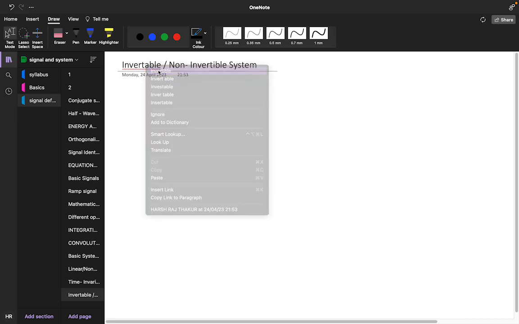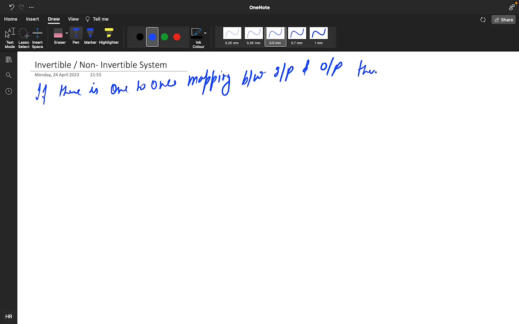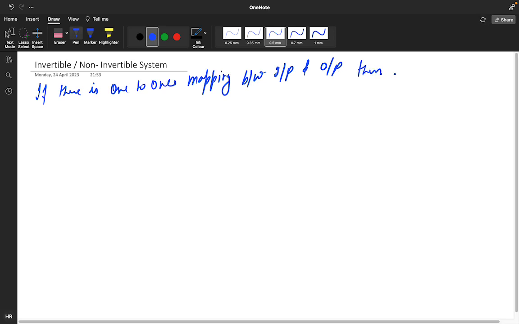Invertible. So see, if there is one to one mapping between input and output, then the system will be invertible, right?